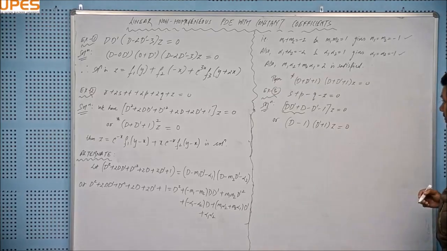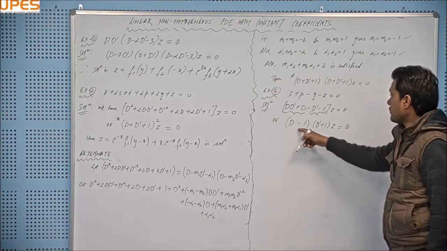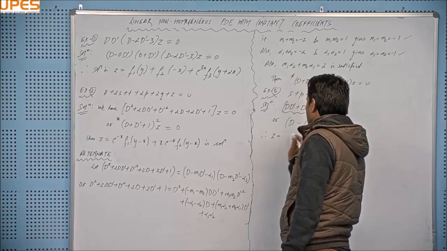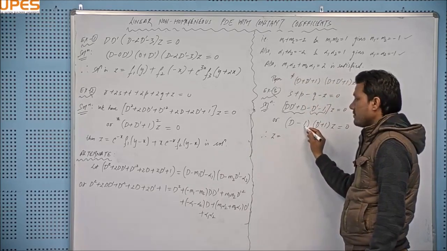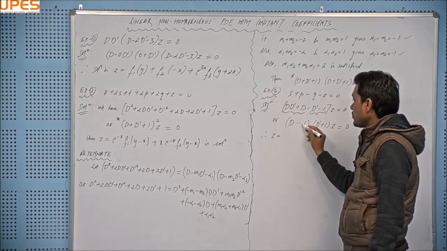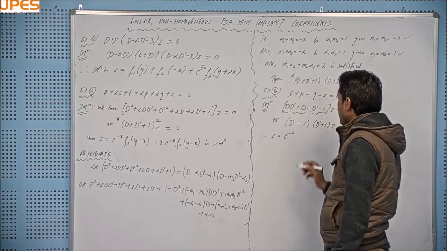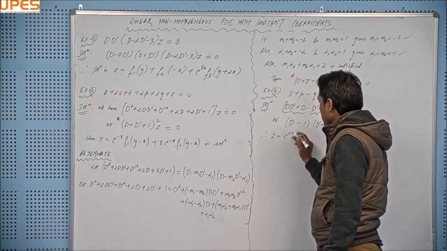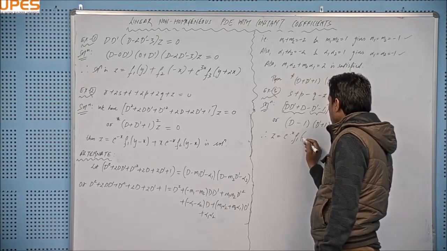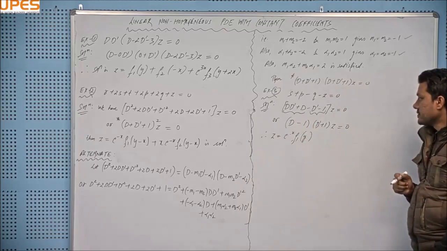Then writing the solution for each factor, therefore z is equal to, for this one D dash is absent, this is alpha, D minus m D dash minus alpha, alpha is equal to how much, 1, so alpha e to the power plus x, the sign gets reversed, e to the power plus x, and f1 of y, only y, because D dash is absent.